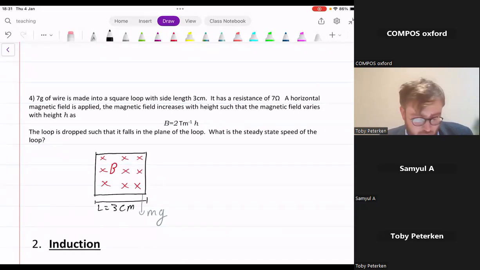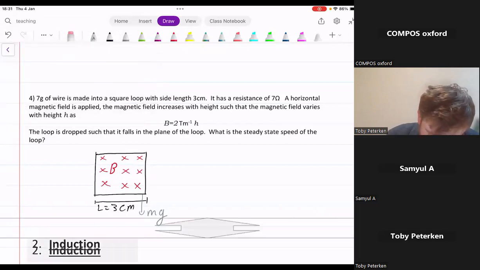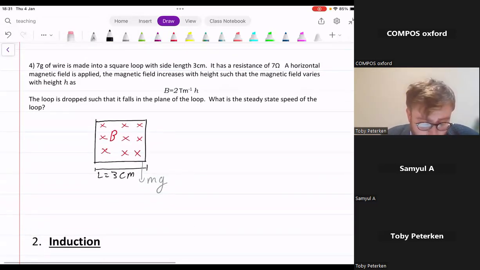Okay, question 4. 7 grams of wire is made into a square loop and each side length is 3 centimeters. It has a resistance of 7 ohms.